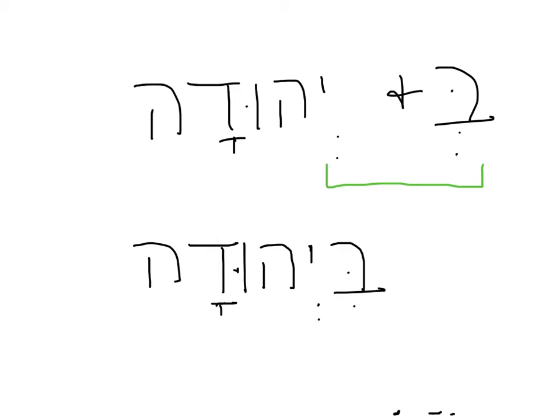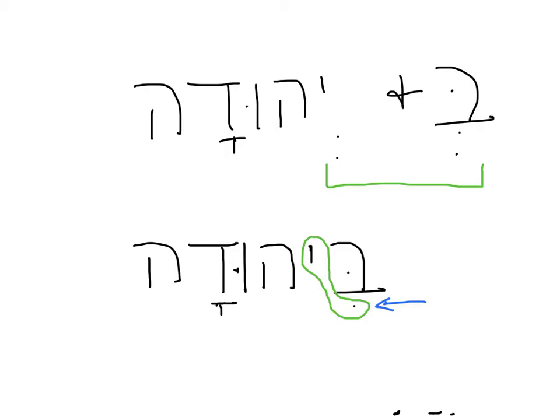Now that's normally what happens, and that's fine. But in this case, because Judah began with a yod, now that creates a long vowel, a hirik yod, and so what happens is then the shva under the yod drops out because this hirik takes over the yod and the yod becomes part of the vowel.